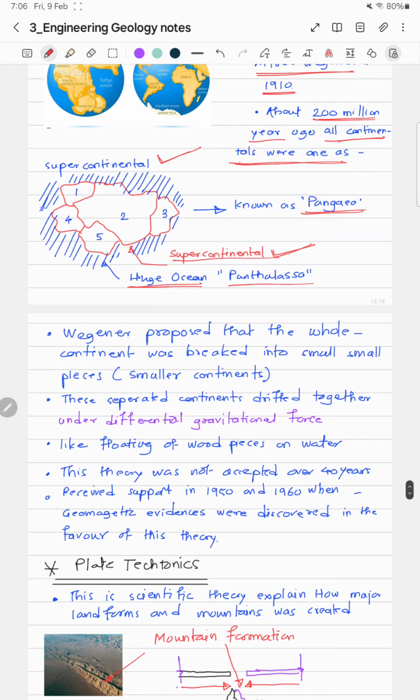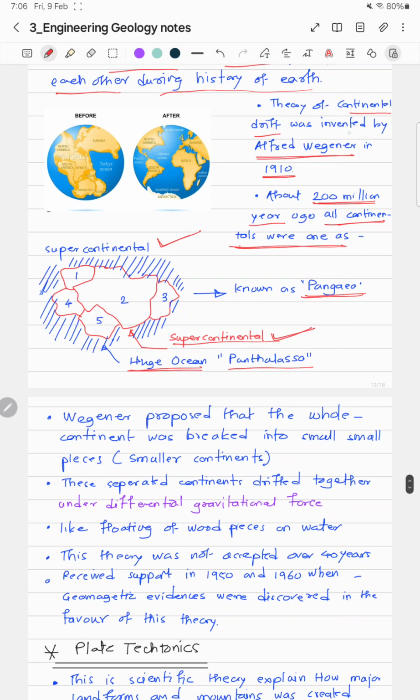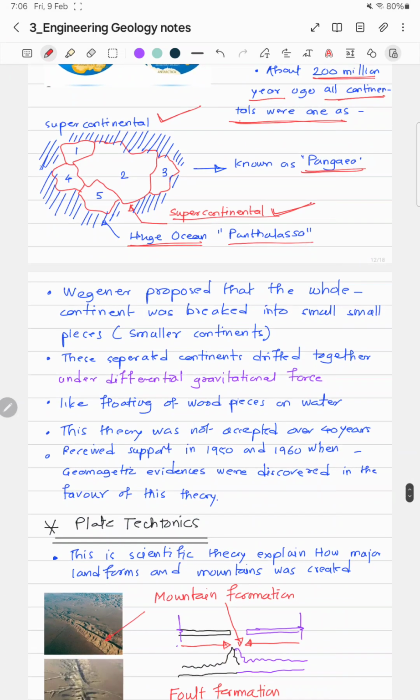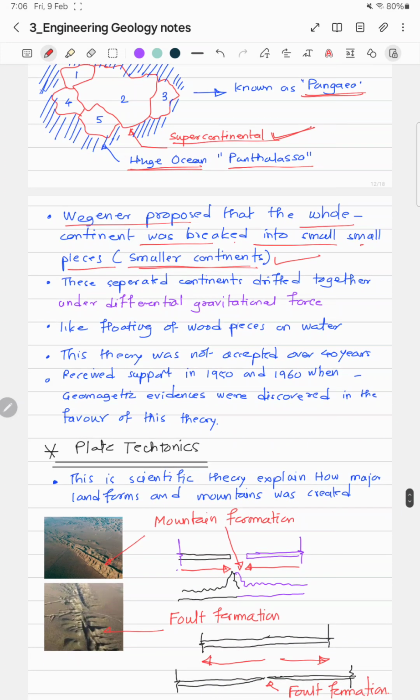Okay, then Alfred Wegener proposed that the whole continent broke into small pieces, which were called smaller continents, and these separated and drifted apart under the action of differential gravitational force.